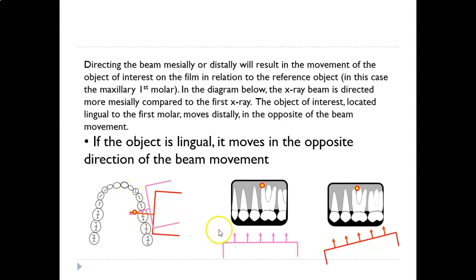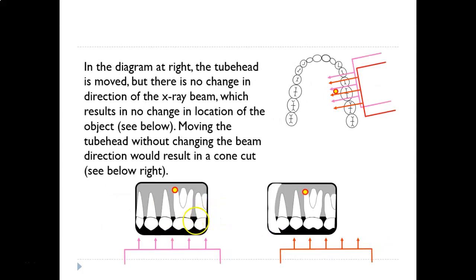And so what happens to our object? Our object goes from being over the distal root to being more over kind of the palatal root. But in general, we moved our beam mesial, and what happened to our object? Did it move mesial or distal? Oh, I kept calling this the distal root. That's the mesial root. Let me just see if it was that way over here. Oh, it was. Sorry.